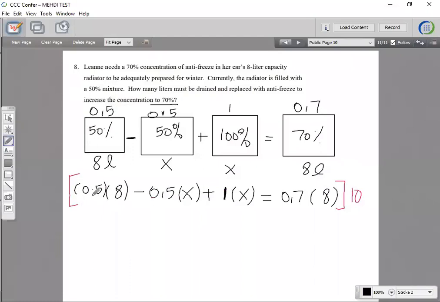So here I multiply 0.5 by 10. That gives me what? 5. Okay, actually this is 1.00 instead.